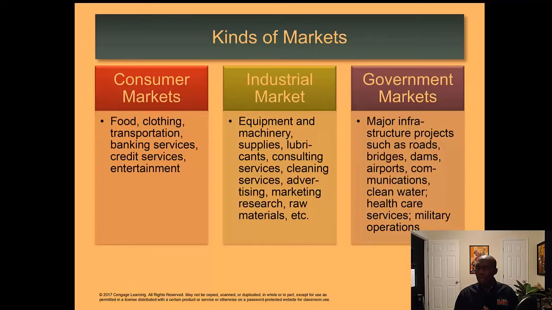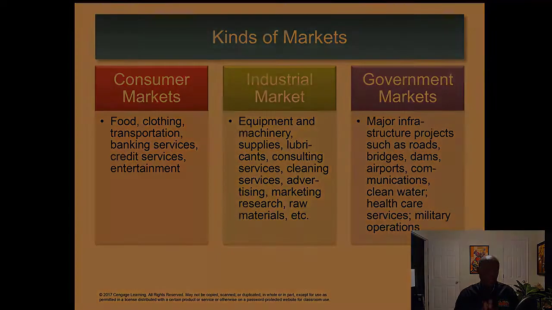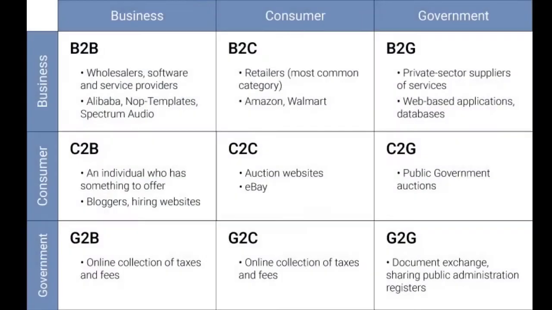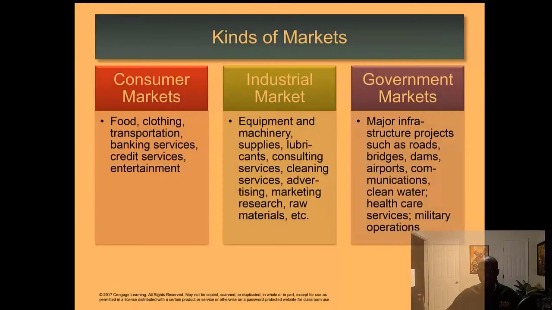But then you have another element that's covered in some classes, B2G. So you have some governments that need airplanes, they need uniforms, they need other types of electronic equipment that may go inside of an airplane. And so you have government contractors.